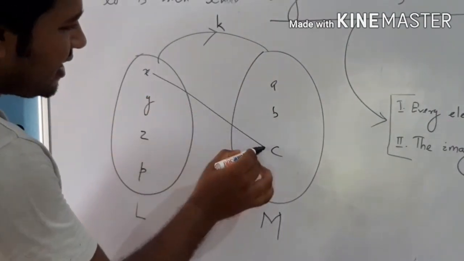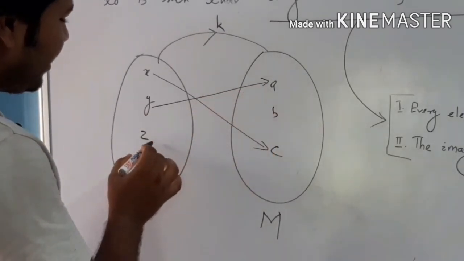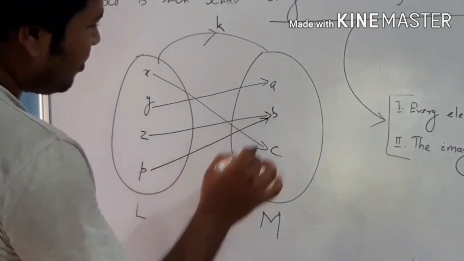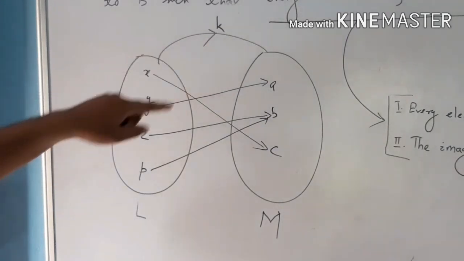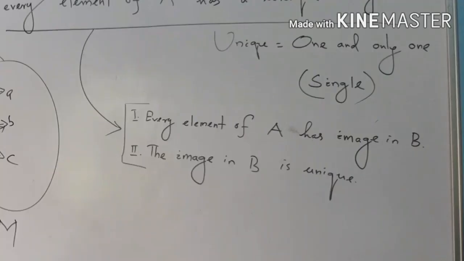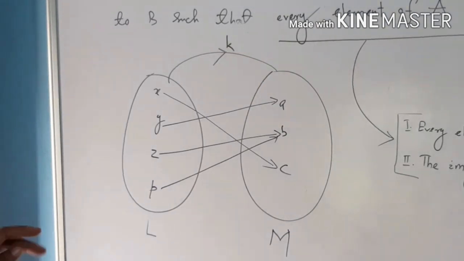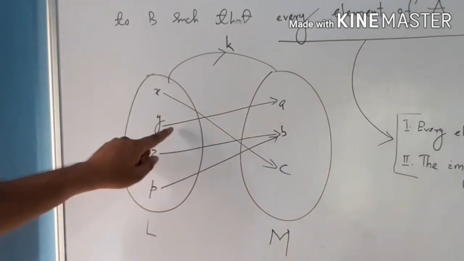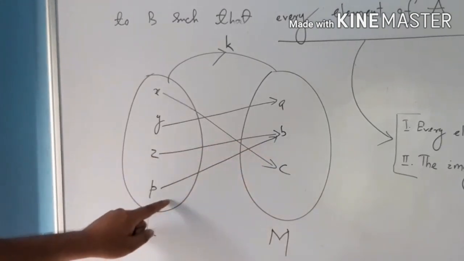Suppose X is related to C, Y is related to A, Z is related to B, and P is related to B. So, to test whether small k is a function from L to M or not, I have to verify these two conditions. It is clear that this k is a relation from L to M. Now you see X is related to C, Y is related to A, Z is related to B, and P is related to B.